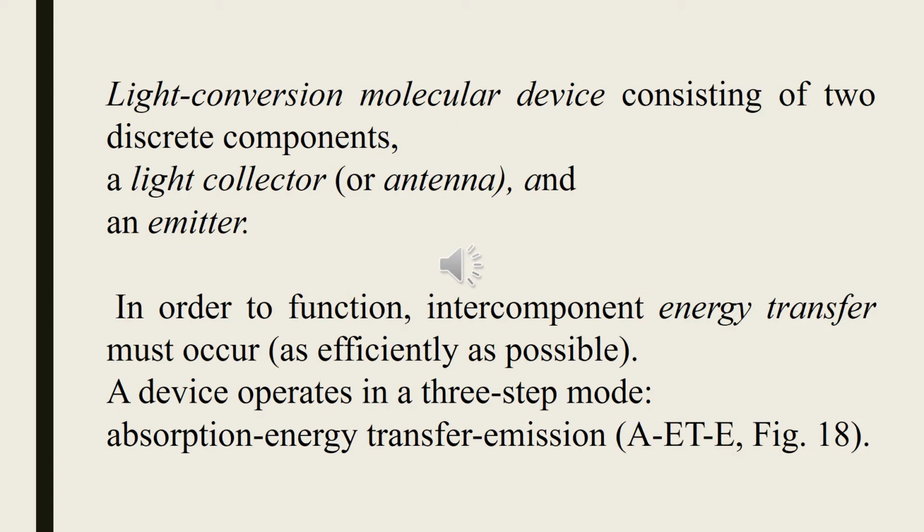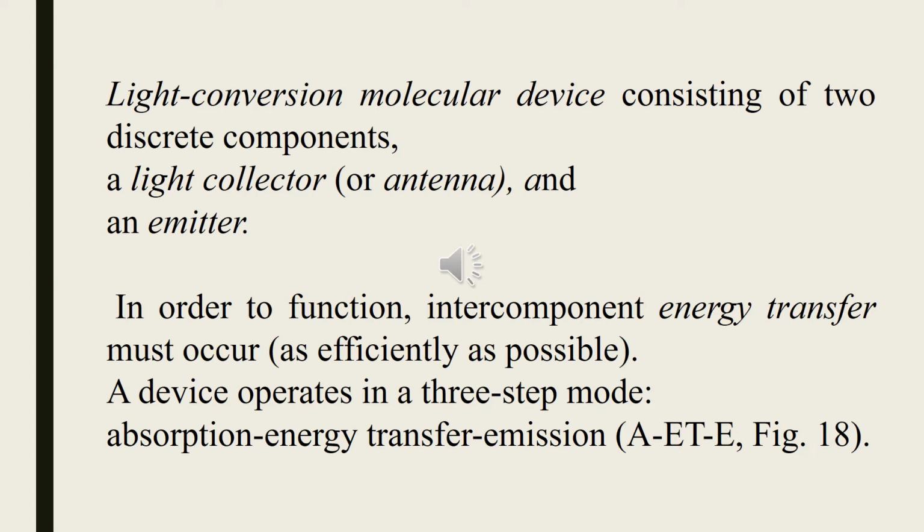This is the case for light conversion molecular devices consisting of two discrete components. One is a light collector or antenna formed by an array of strongly absorbing units, and the second one an emitter, thus allowing the separate optimization of the absorption and emission.